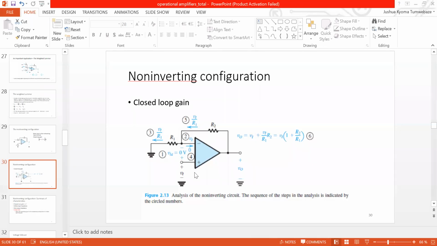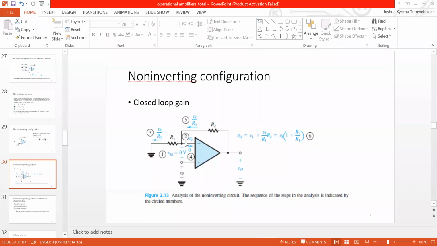Maybe you are looking at this non-inverting one and want to derive the expression using voltage division. Here it's only voltage division which can work. When you look at this circuit, you still have V naught there, then R2, R1, and ground.